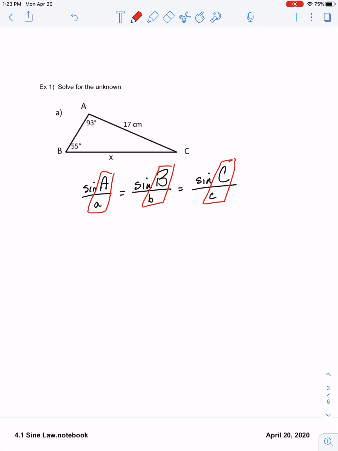Now we don't need all three ratios to solve any problem. You only need two of them. And you need what we like to call the golden ratio. Now this is not really the golden ratio. If you Google the golden ratio, it will tell you an absolutely, totally different other thing.